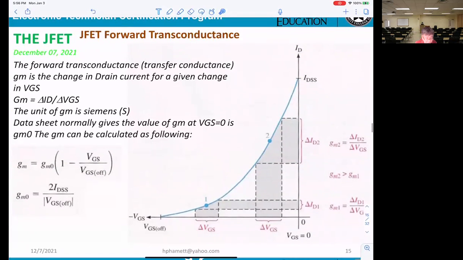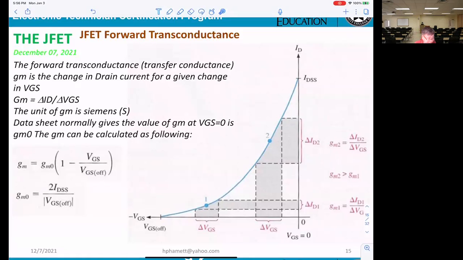And now they're talking about JFET forward transconductance. The forward transconductance means the transfer conductance, GM. It is the change of the drain current for a given change in VGS. That's the definition.